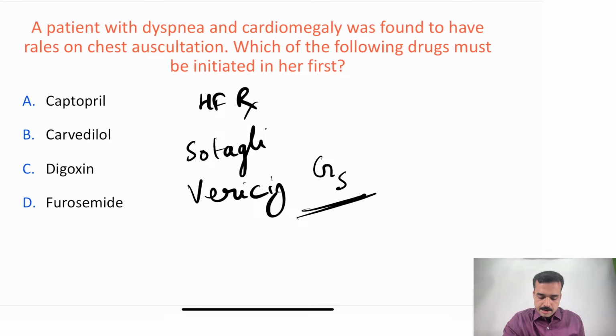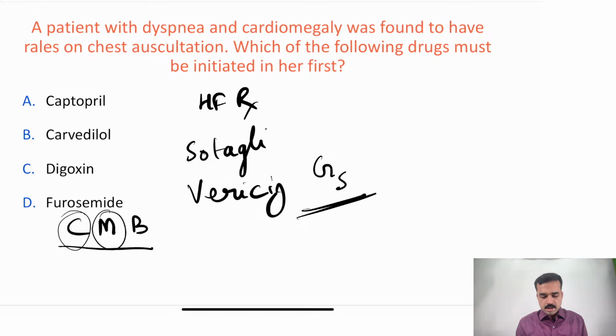Okay, and remember which are the drugs which have mortality benefit in heart failure. These include beta blockers including carvedilol. So which are the beta blockers which have cardiac mortality benefit in heart failure? You can remember it as carvedilol, metoprolol and DASH.